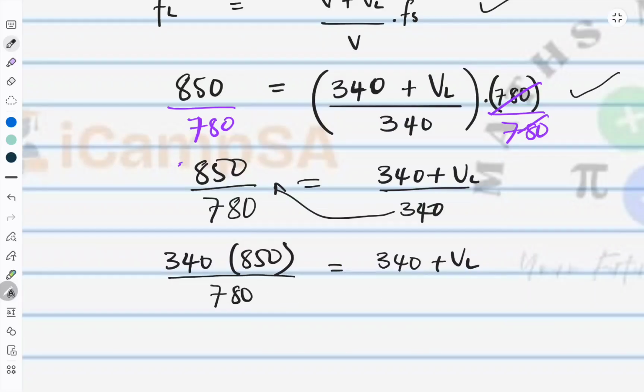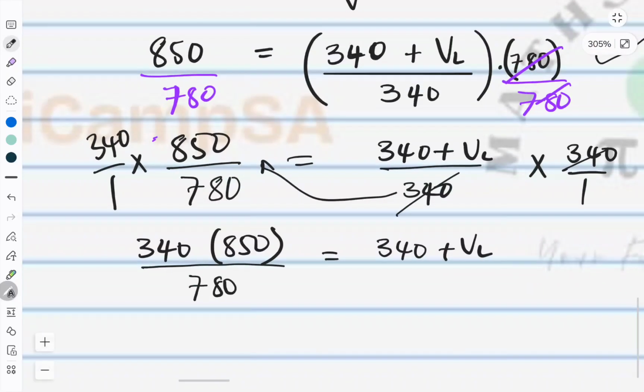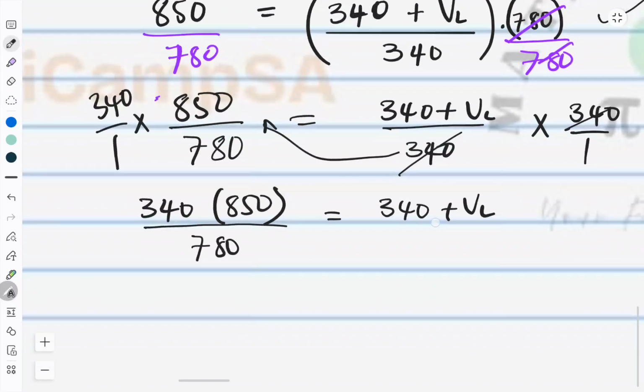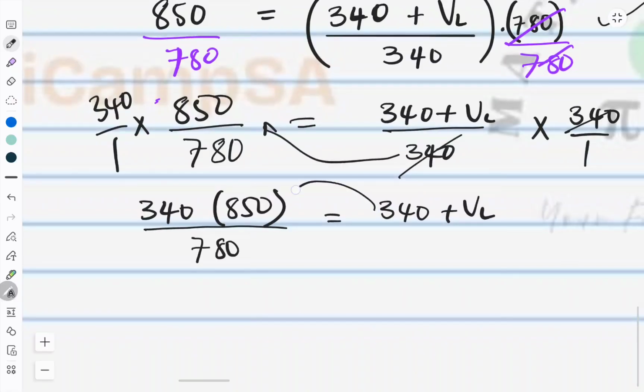You can just take one to the other side, which means I could have multiplied by 340 over 1. The reason I'm doing that is to get rid of this 340. Once you've done that, you can take the 340 to that side, so it becomes minus 340. So that's how I got to that equation that I had before.